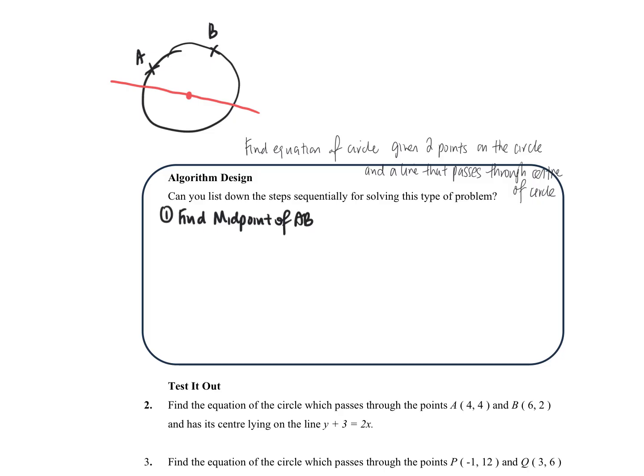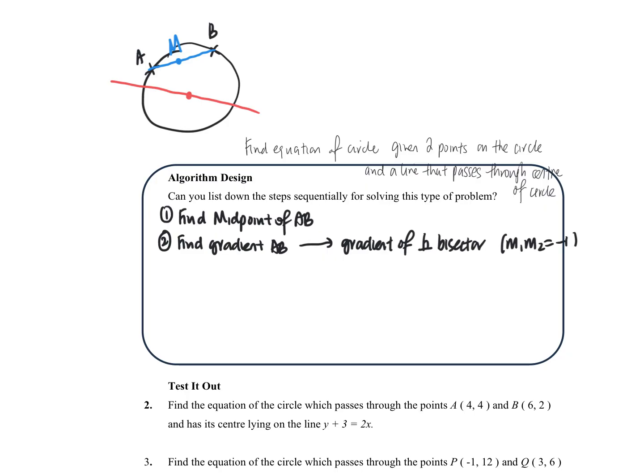After I find the midpoint of AB, which is here, what is the next step that I need to carry out? Gradient. Second, I need to find the gradient of the line AB, because this will help me find the gradient of the perpendicular bisector, using M1 times M2 equals -1.